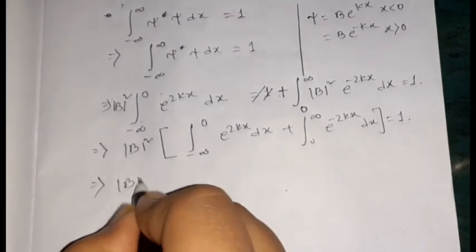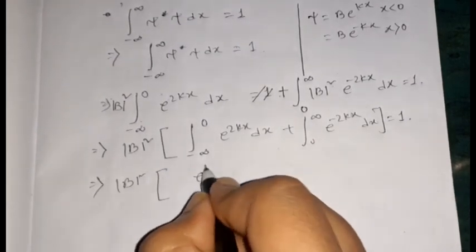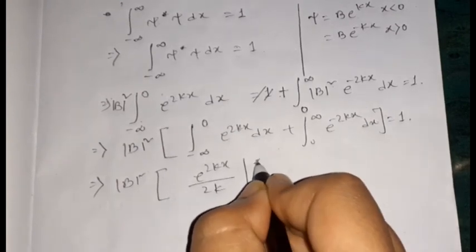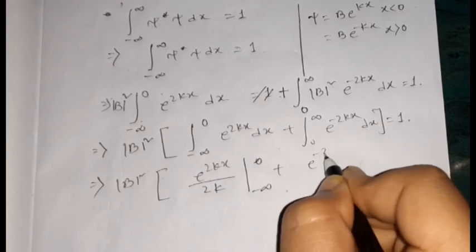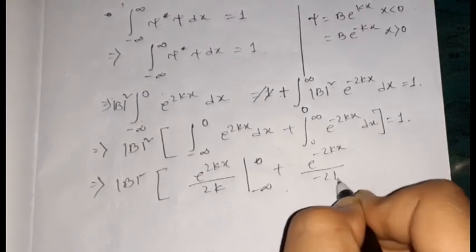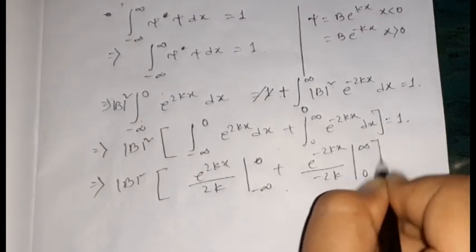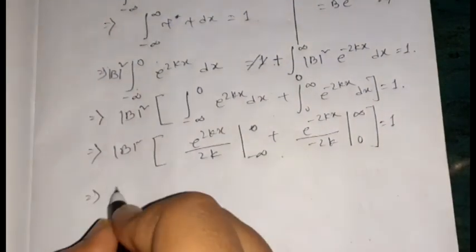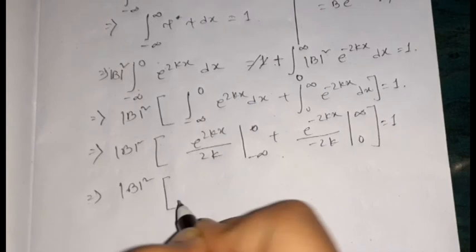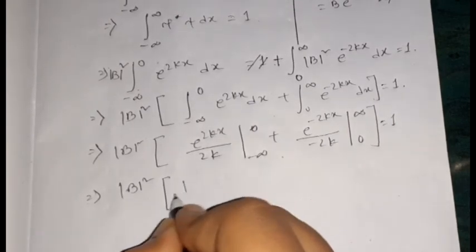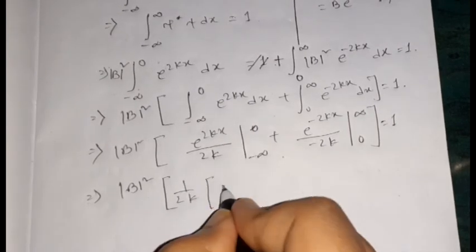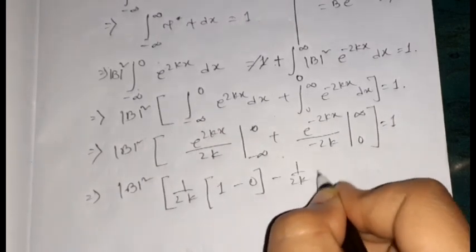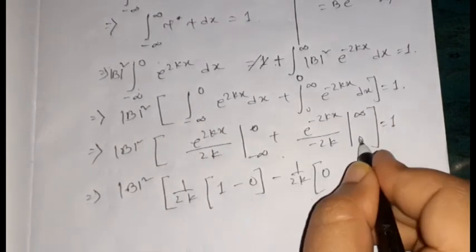So mod of b squared times e^(2kx) over 2k from minus infinity to 0, plus e^(-2kx) over minus 2k from 0 to infinity. So what do we get? 1 by 2k, this gives 1, this gives 0, minus 1 by 2k, this gives 0, this gives 1.